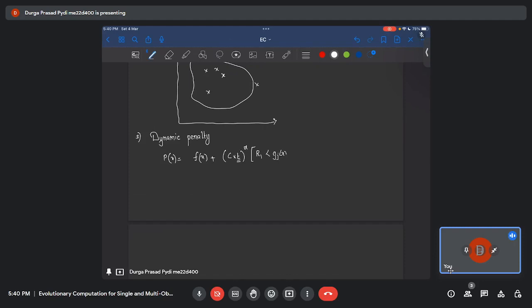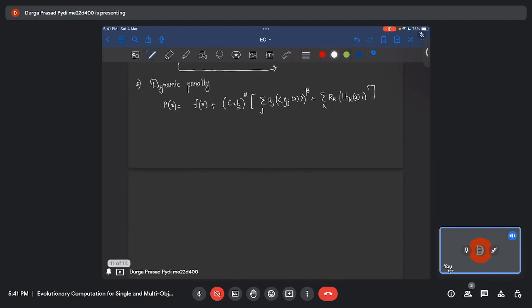If I am writing it in this particular way, then there should be a summation, and we essentially have the bracket function over here, gj of x, to the power of some beta, and again you have a summation of rk times hk of x to the power of some gamma. This summation is over the inequality constraints, and this summation is over the equality constraints.